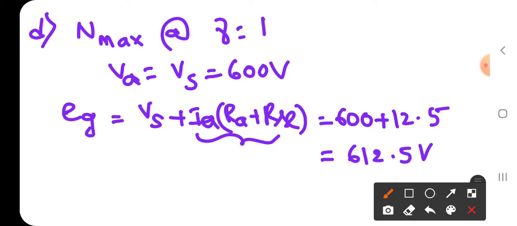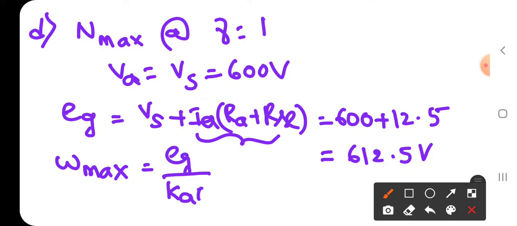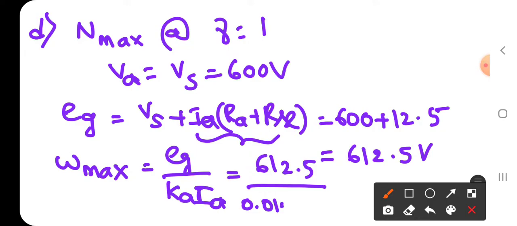Then what is omega max? Here also we calculated Eg, so omega max is equal to Eg by Ka into Ia, that is 612.5 over 0.01527 into 250. Then what is the answer?